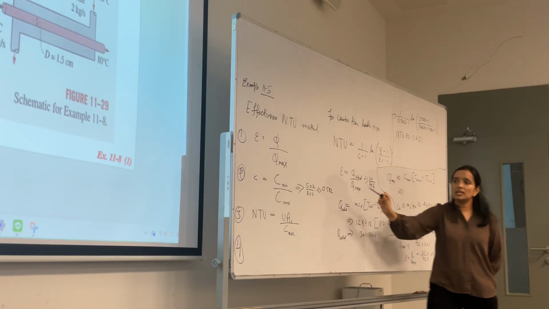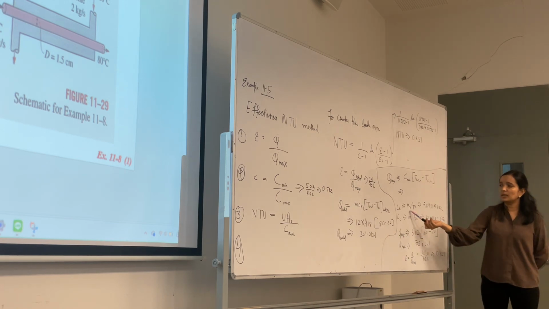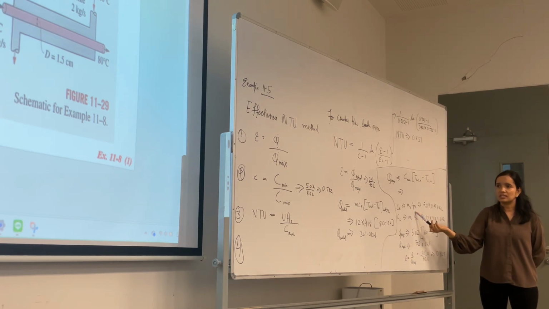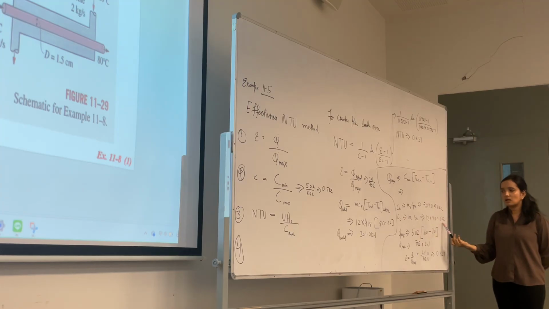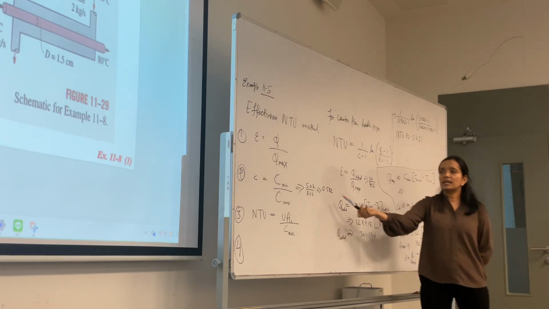What is it? It is C minimum divided by C maximum, where capital C is nothing but the product of mass and specific heat. C minimum is 5.02 and C maximum is 8.62. Maximum is from the hot water and minimum is for the cold water. I divide these, I get small c.